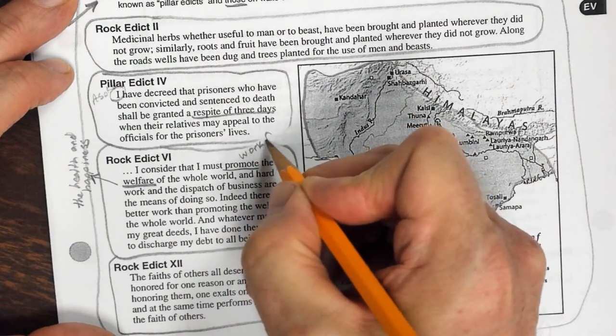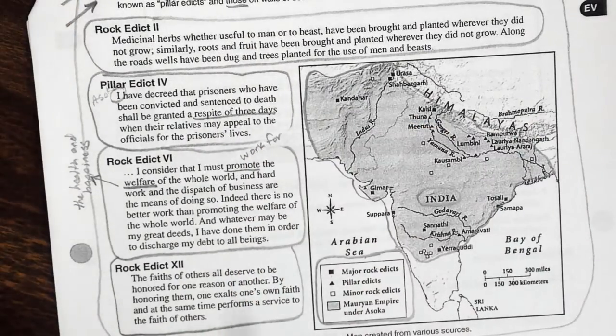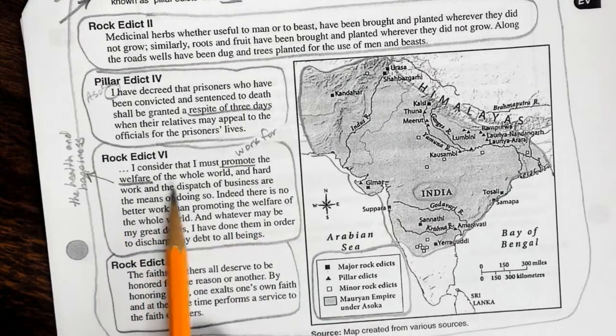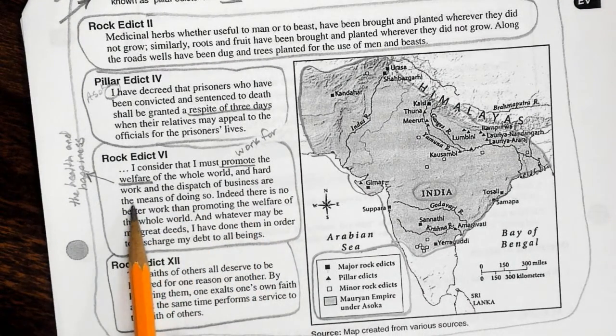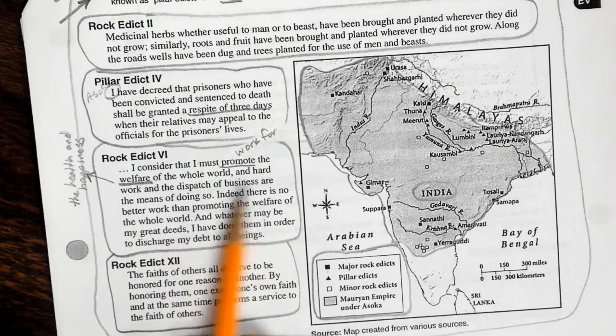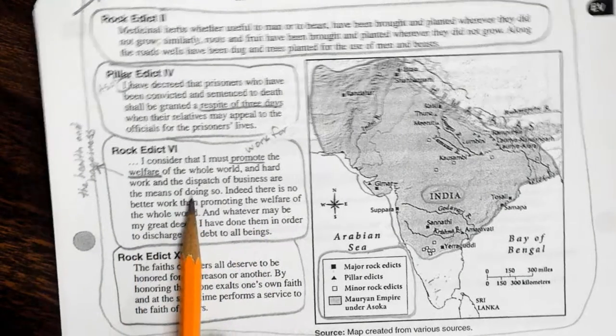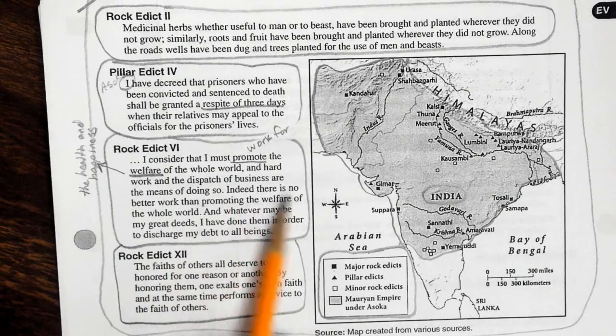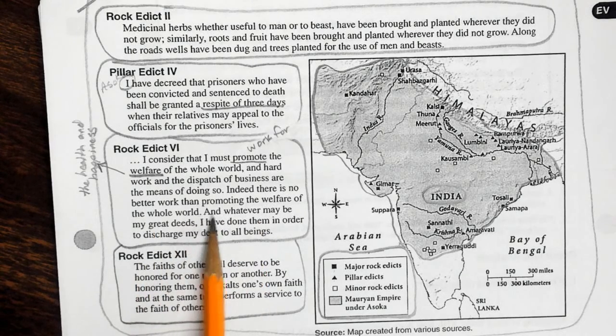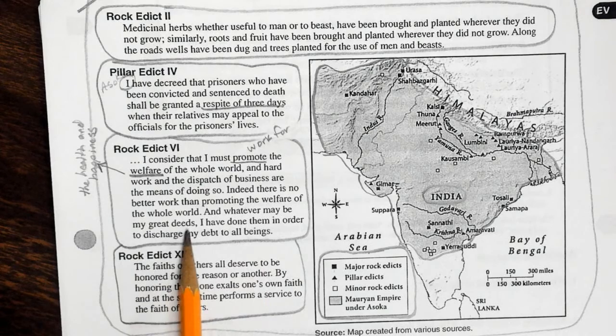Work for. I consider that I must work for the welfare of the whole world, and hard work and the dispatch of business are the means of doing so. Indeed, there is no better work than promoting the welfare of the whole world. And whatever may be my great deeds, I have done them in order to discharge my debt to all beings.